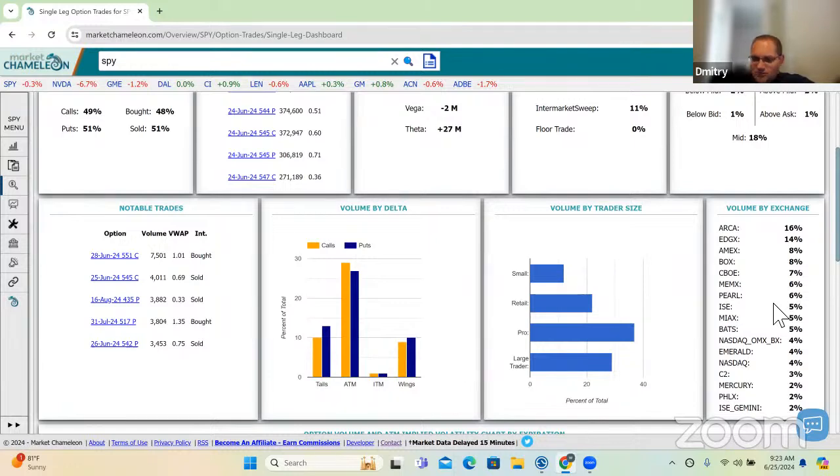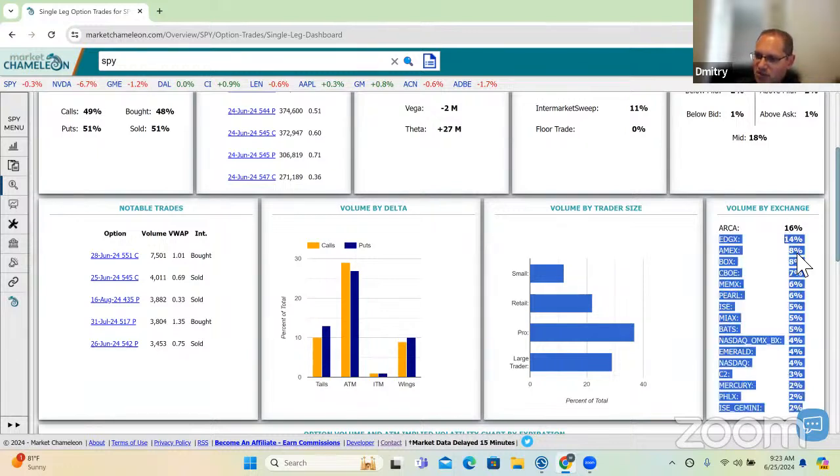Because if a lot of trading is going on at a particular exchange, it's possible that you could negotiate a better price. Maybe you could get the midpoint, maybe you could get better than the midpoint. This will point you to where the order flow is getting transacted. And if you wanted to direct your order to a particular exchange, you have a distribution of where those trades are happening.